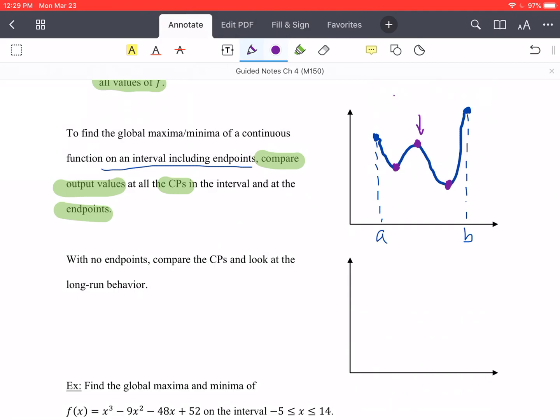So we have a local max, we have a local min, and over here we have another local min.